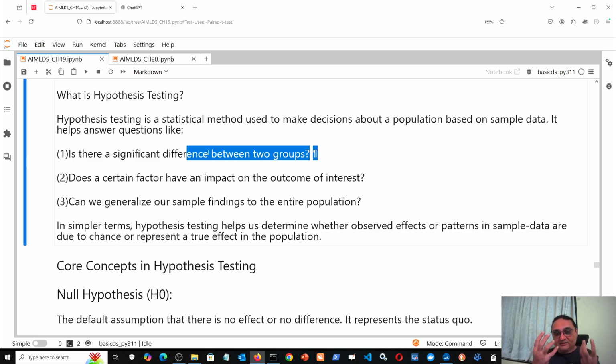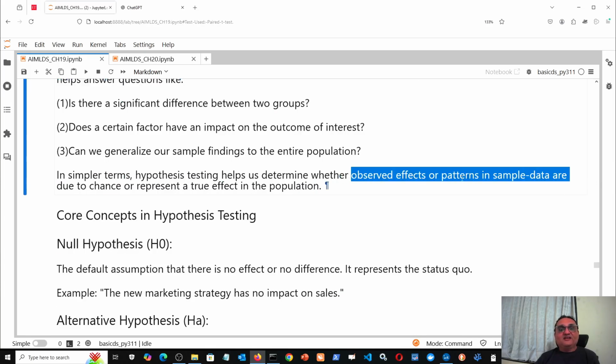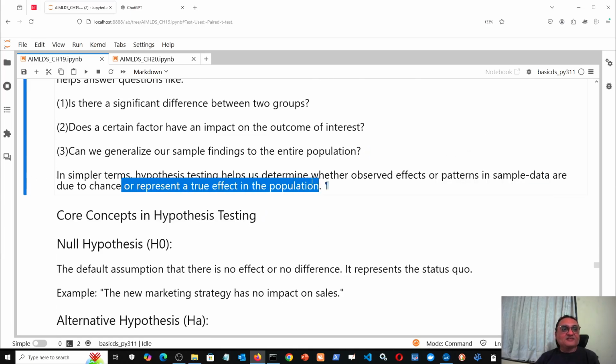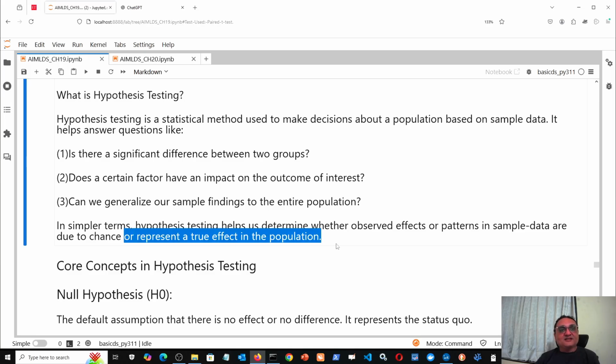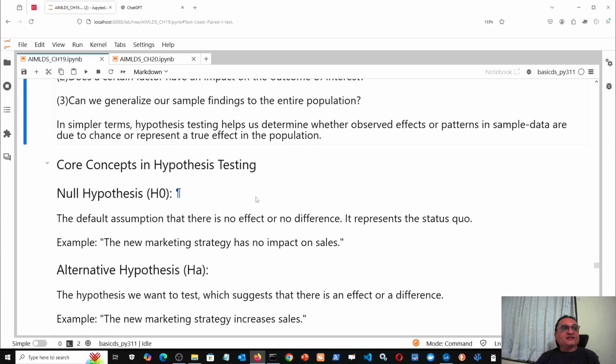Maybe that trained sample we took was by default made up of employees who are highly productive, and the untrained sample was by default made up of employees who were not that productive. So you don't know. Whether the enhancement in productivity, which is an effect or pattern in the sample data, was just by random chance, or it was something more than random chance. And if it is something more than random chance, a highly probable event, then in that case you will say that yes, I will go with my corporate trainer, right?